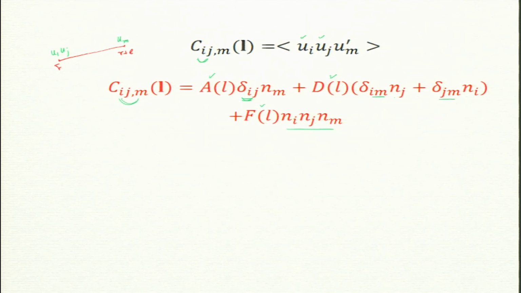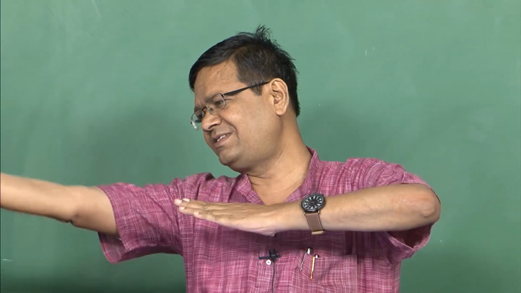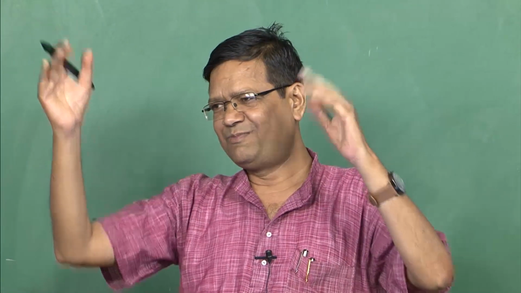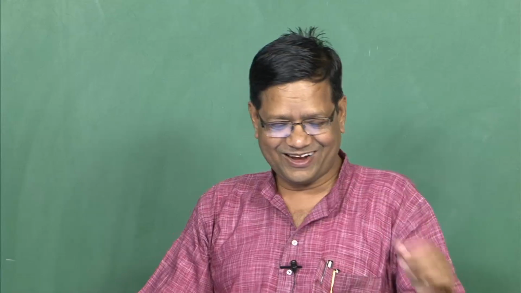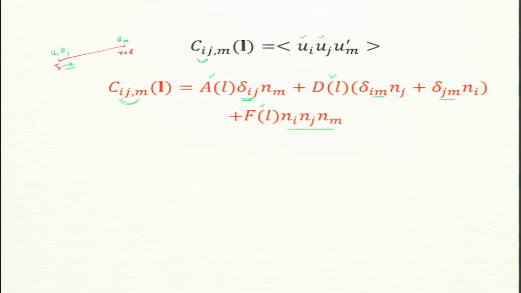So this is the third order correlation function. Now my unknowns are al, dl and fl. For the second rank tensor I had this nice interpretation, velocity like this, but the third rank is not so nice. Of course, we have 2 velocities here and a third velocity here, or 2 velocities here and a third velocity here, like that.